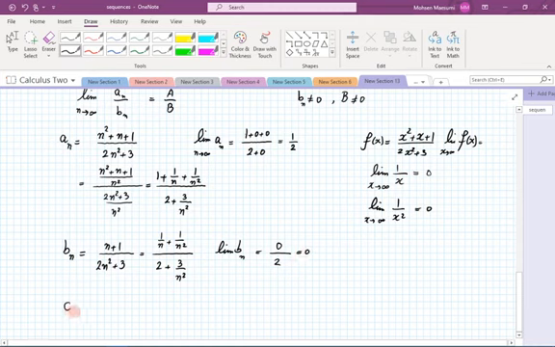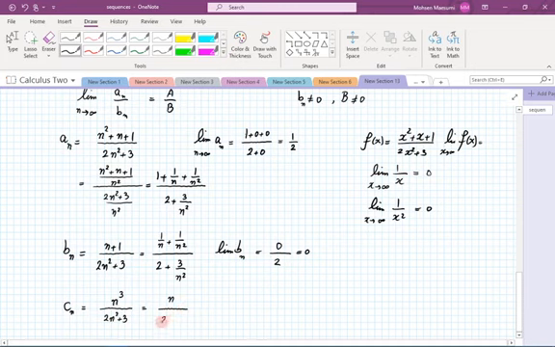Let's try another example. Suppose I have c_n, and let's keep it simple, n cubed over (2n squared plus 3). So if I'm investigating this, again, I divide by n squared, so n cubed over n squared is just n.